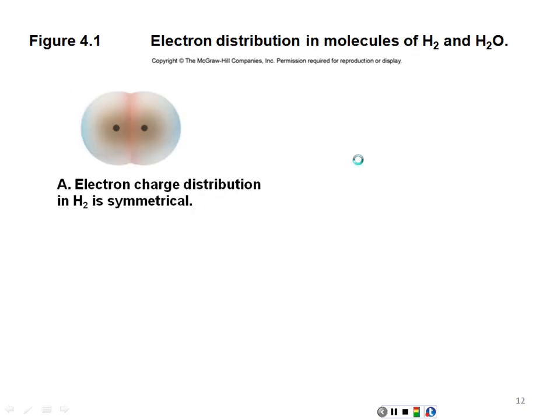So if we look at some electron distributions of certain molecules, here's the electron distribution of H2. It's symmetrical, as you'd expect. Both atoms in this molecule have the same electronegativity, so you get equal sharing of electrons.